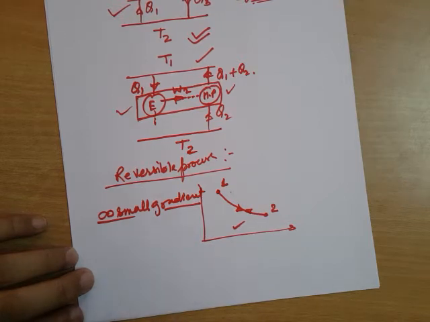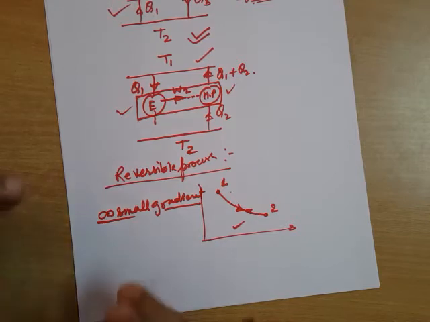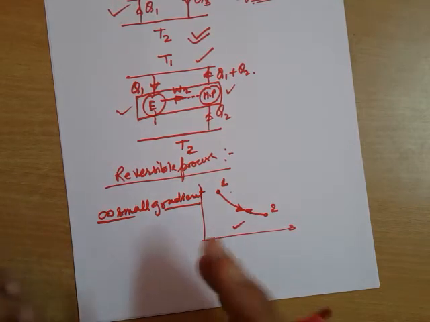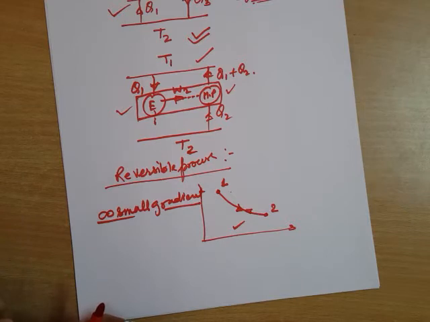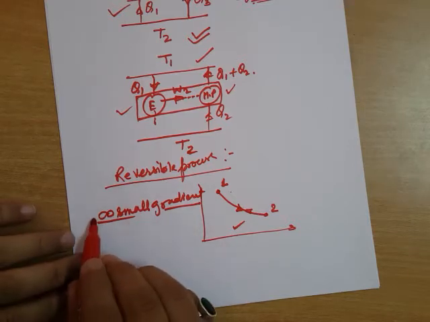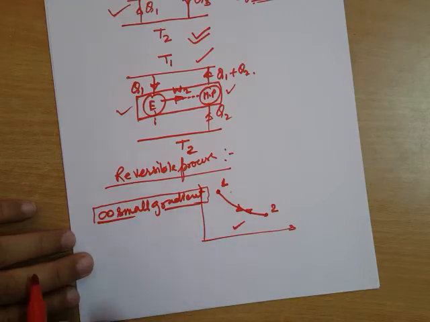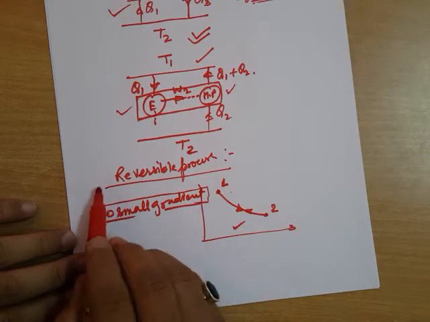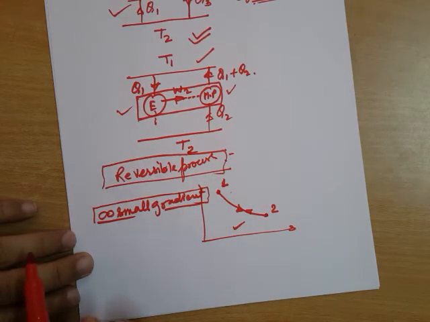For example, if there is a finite gradient in temperature, then heat will flow. If there is a finite gradient in pressure, then work will flow from the system to the surrounding or from the surrounding to the system, vice versa. So this infinitely small temperature gradient will lead to a reversible process.